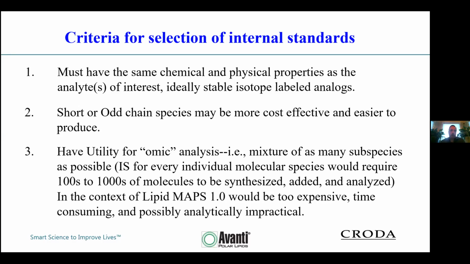And so ultimately what we want is our internal standards to have utility for omic type analysis, meaning we want multiple internal standards in our sample, so that we can quantitate each of the individual molecular species present. However, it was not possible to synthesize all of these isotope labeled internal standards in a cost or time effective manner in the context of LipidMAPS originally.